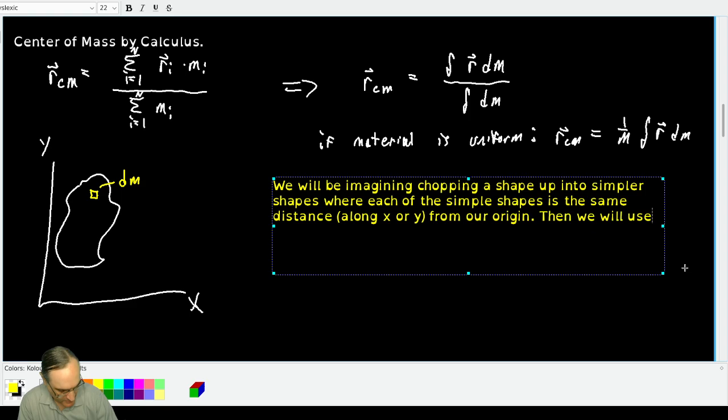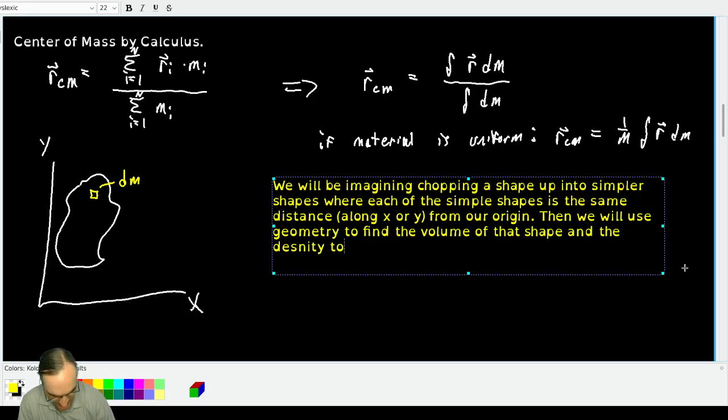Then we will use geometry to find the volume of that shape, and the density, D-E-N-S-I-T-Y, to find the mass of that shape. That's going to be our whole trick here.